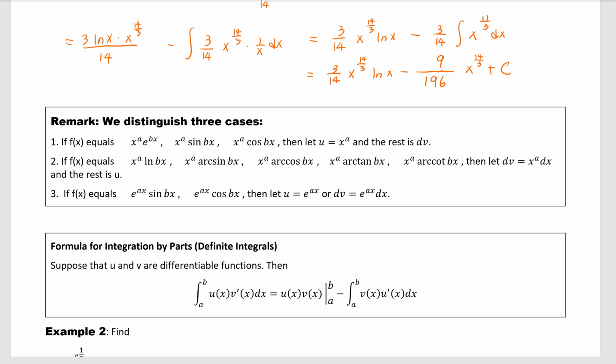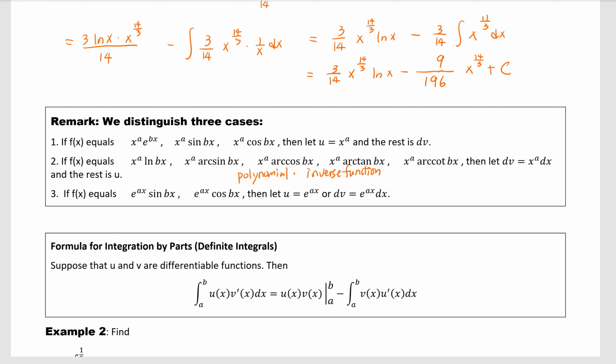polynomials or power functions times natural log, arc sine, arc cosine, arc tangent. I will summarize the second type as polynomial times inverse function. Because the natural log is the inverse function of the exponential function, and the inverse trig functions are inverses of the trig functions.